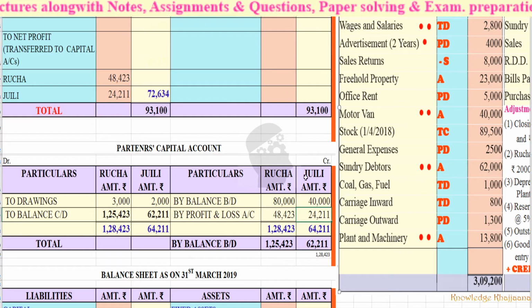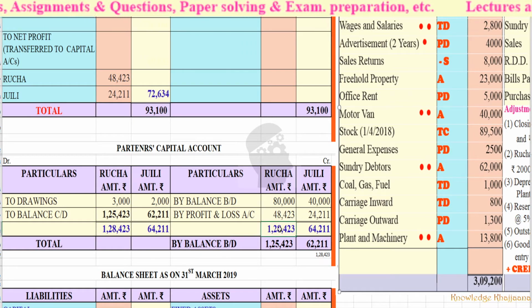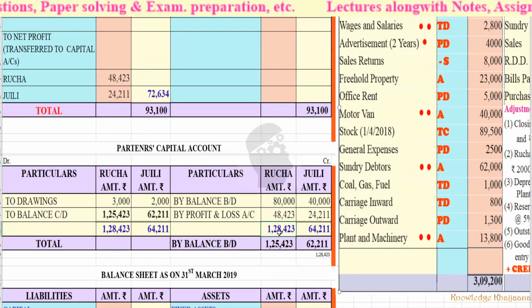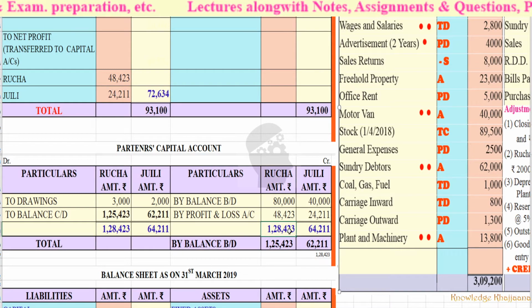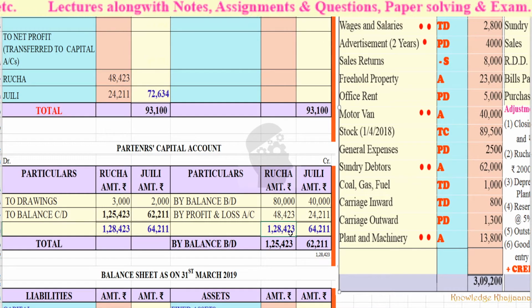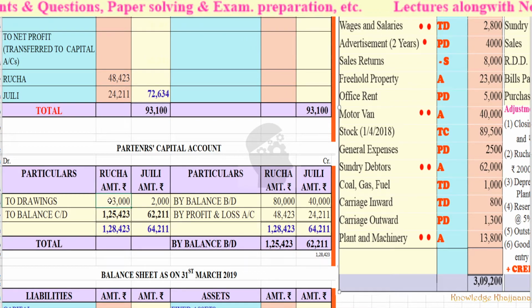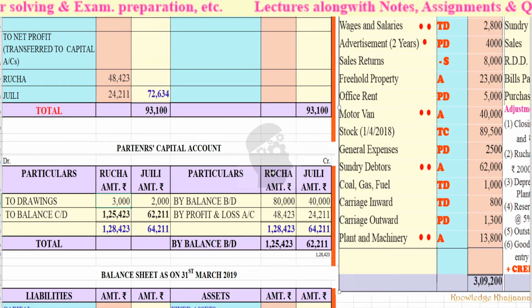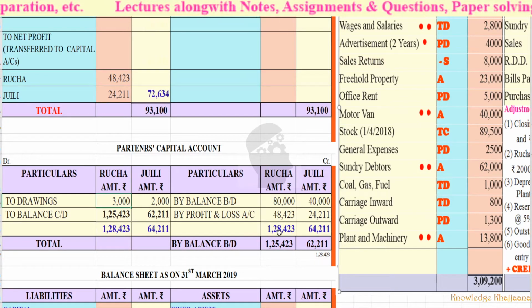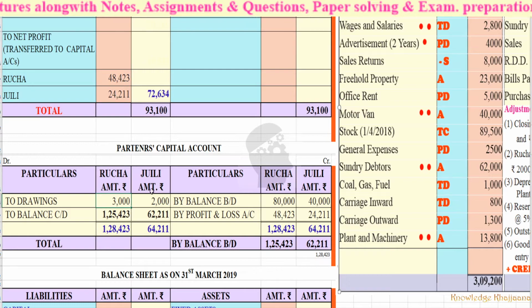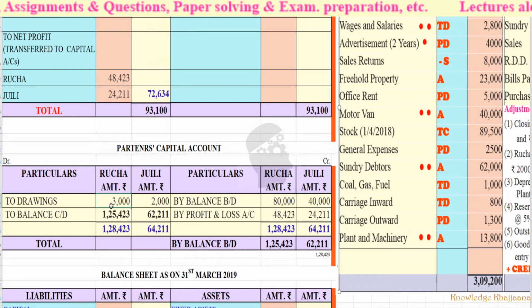Okay, so the total amount of Rucha this year is 1,28,423. Out of that, Rucha had done the drawing of rupees 3,000. Right? Rucha's credit side was rupees 1,28,423, but Rucha had done the drawings of rupees 3,000.